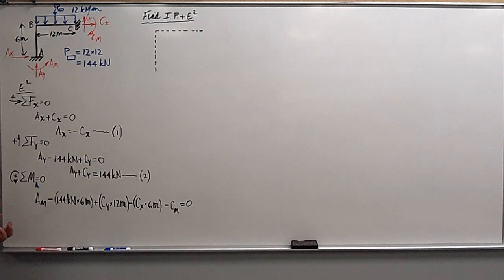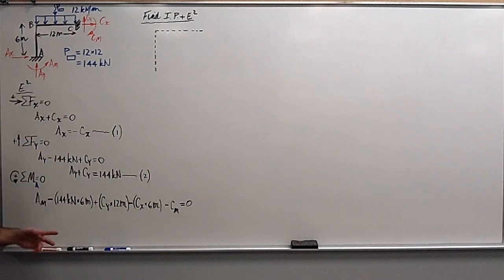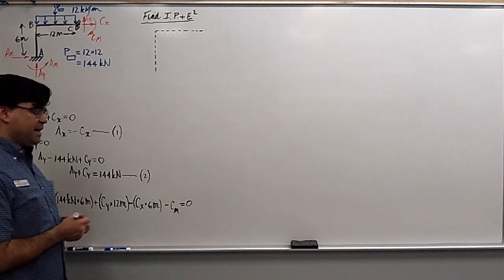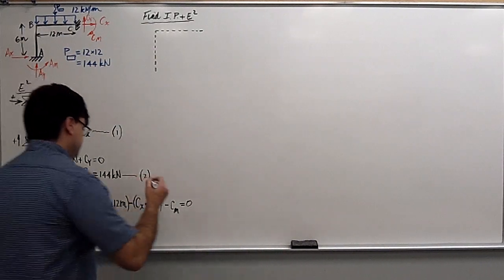Okay? So look at this. 4 unknowns appeared in here, and only 2 of them appear in other equations. So this is not going to help us. We have to take this equation and park it somewhere. So I'm going to make it look a little bit nicer, and then I'm going to call it equation 3.